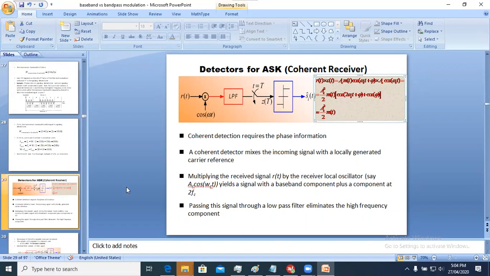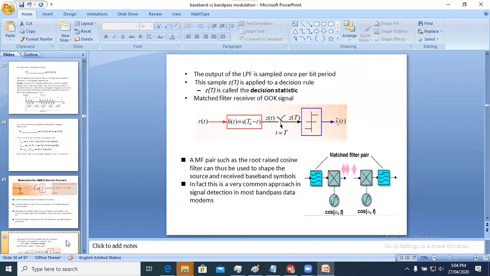In this part, we take one sample after low pass filtering, and then we pass it through the decision rule. So the low pass filter is, in fact, the matched filter, which is designed according to the pulse shape chosen for pulse shaping, and they are used in pair.